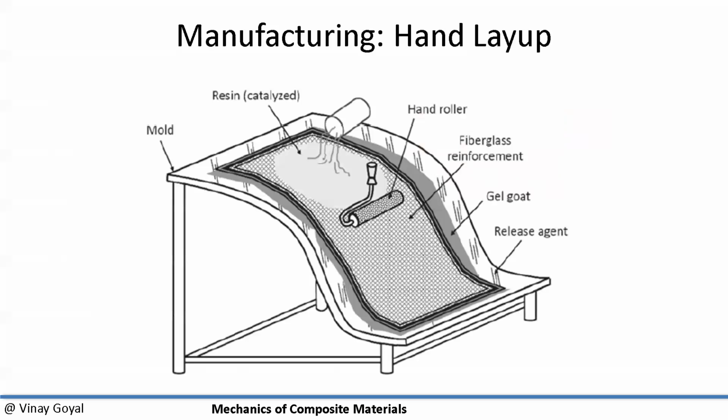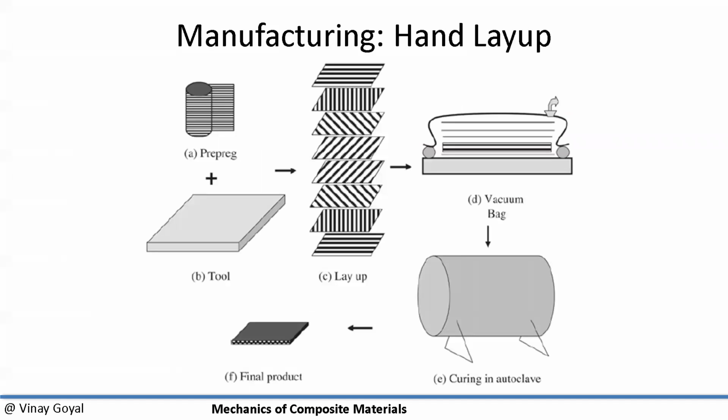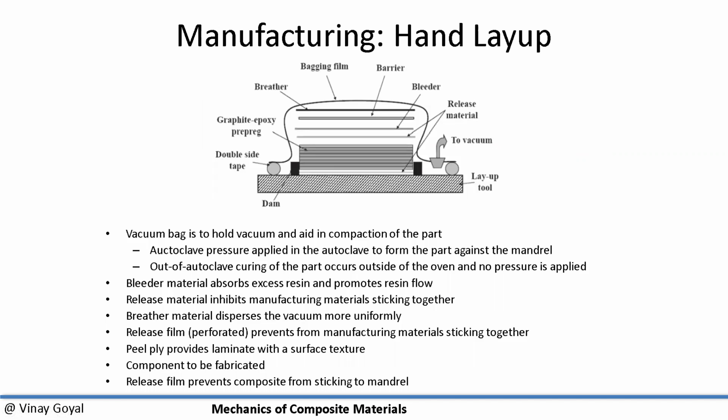So then we talked about manufacturing already quite a bit. We talked about, you have pre-preg, you have the tooling, and then you put everything together in a layup, you vacuum bag it, and then you cure it in an autoclave. And then you have your final product, which should be inspected and verified for no manufacturing defects. We also talked about the different components that go into making a composite from bottom to top.